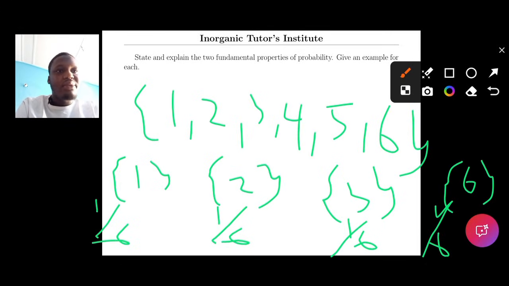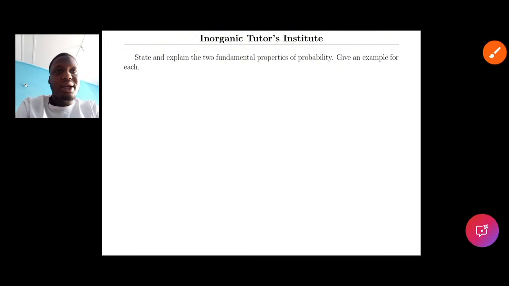Now we can move on to the next question we have. Okay, it's asking us to give an example for each. Basically, I dealt with each of them in a way that I have presented an example, so there's no need for another one. So the first one I wrote 2 over 5, 0.9, 70%. They are all examples of probability within 0 and 1.